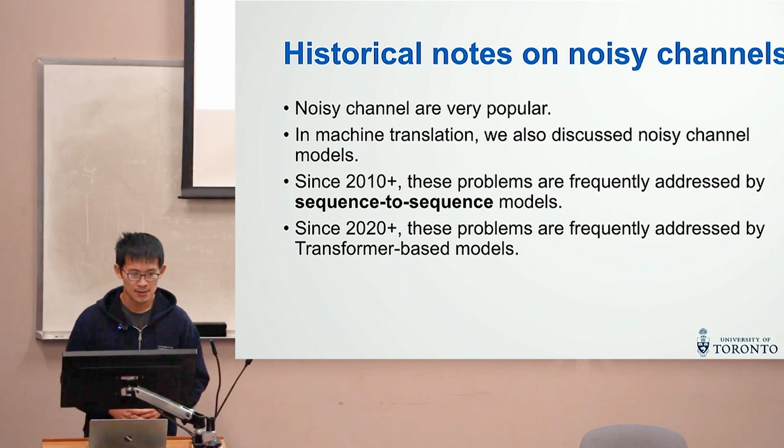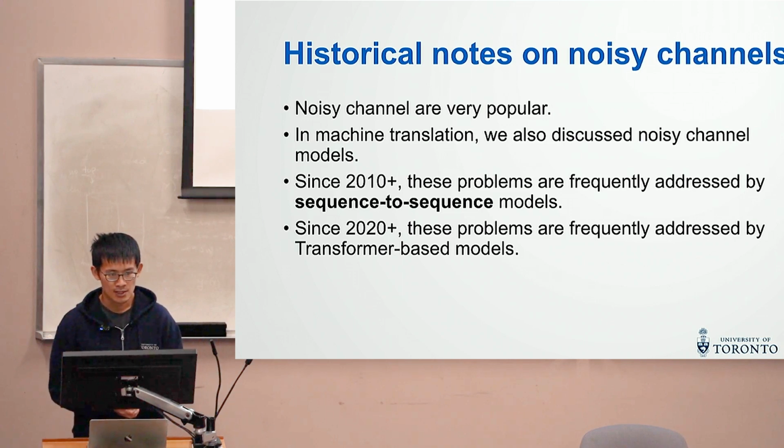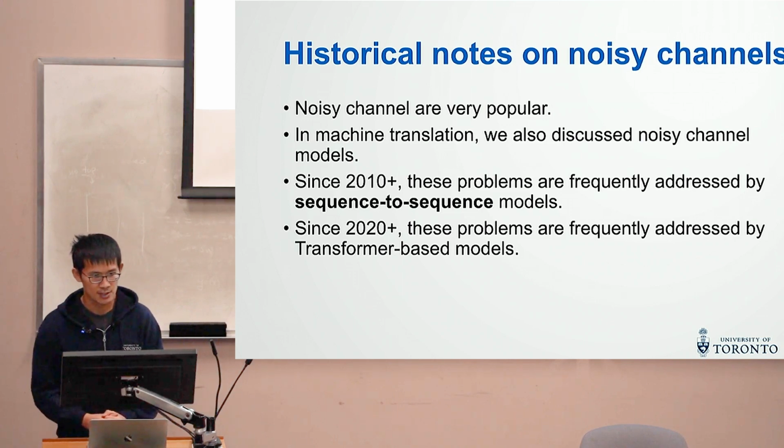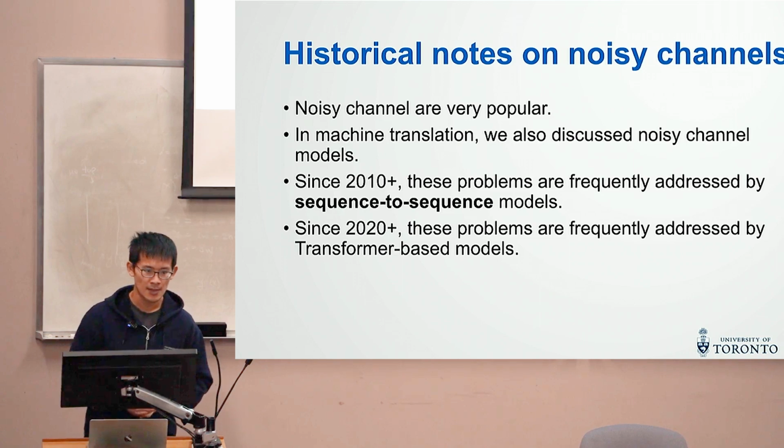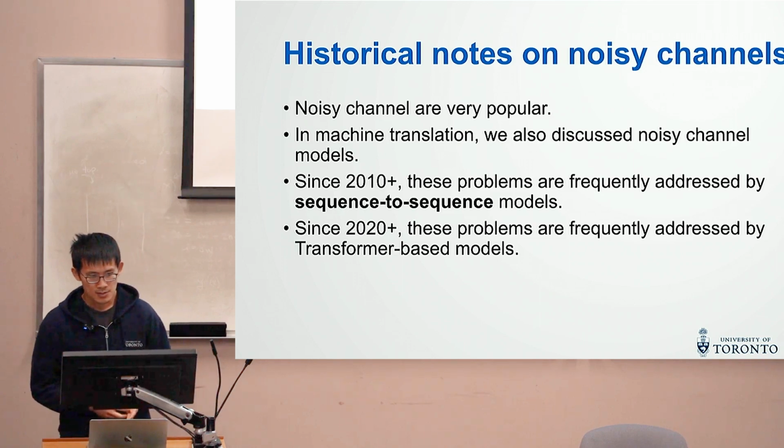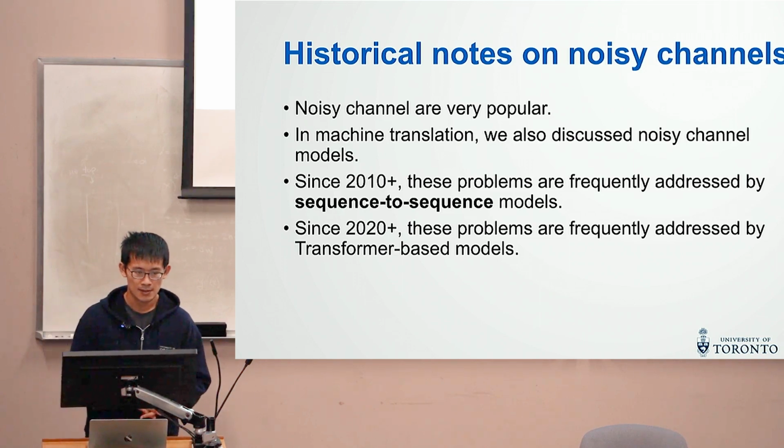And since around 15 years ago, these kinds of problems are frequently addressed by sequence-to-sequence models. By sequence-to-sequence, they just mean that the input is a sequence of text and the output is a sequence of text. And this sequence can be more than a sequence of text.